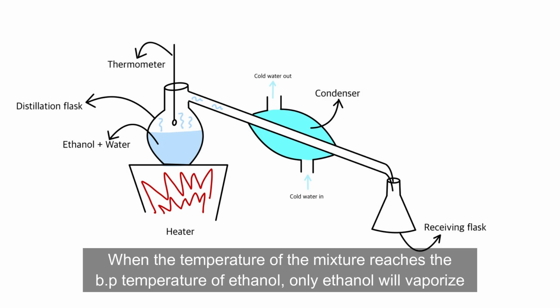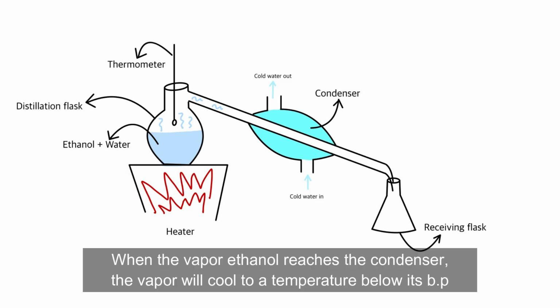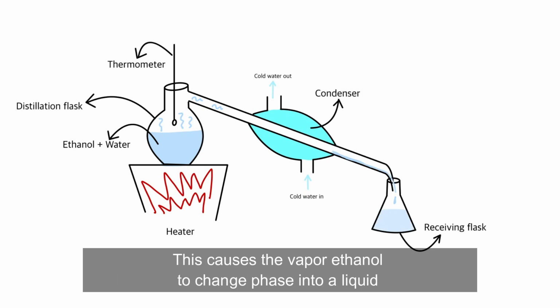When the temperature of the mixture reaches approximately 78 degrees Celsius, ethanol will vaporize and rise through the distillation apparatus. Upon reaching the condenser, the vapor will cool and condense back into liquid ethanol. The liquid ethanol will then reach the receiving flask.